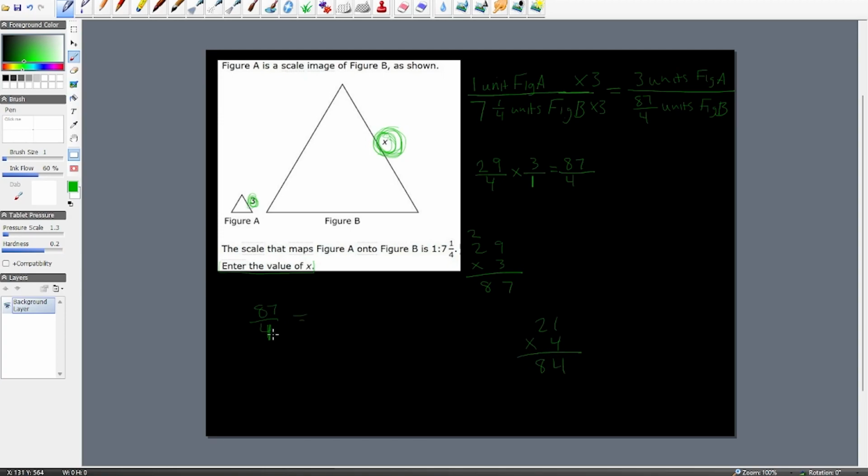So 4 goes into 87 21 times with 3 left over because 87 minus 84 is a remainder of 3. And if I wanted to check to make sure I did that right, I could just multiply this back. 4 times 21 is 84, plus 3 is 87, 87 over 4. And yes, it's correct. So either of these answers would give you full credit.